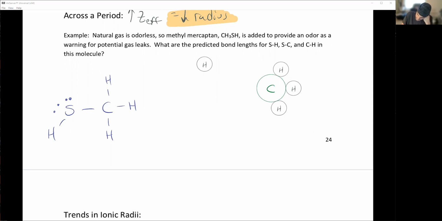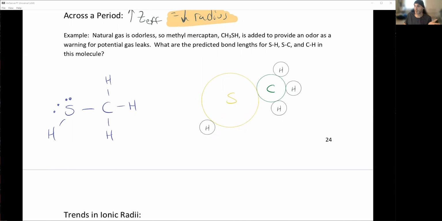And then attached to that, I have a sulfur, which is a little bit bigger. And typically sulfur is red or yellow. So here's my sulfur. It's actually quite a bit bigger. So I have a sulfur attached to the carbon, and then I have this 1 hydrogen that's attached to that.